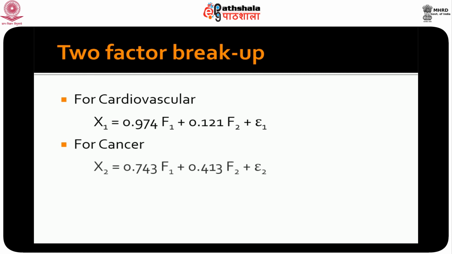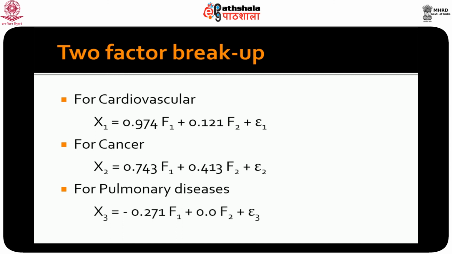Cancer would give us 0.743 into f1 plus 0.413 into f2. For pulmonary diseases, it is interesting in the sense that the second factor does not arise.